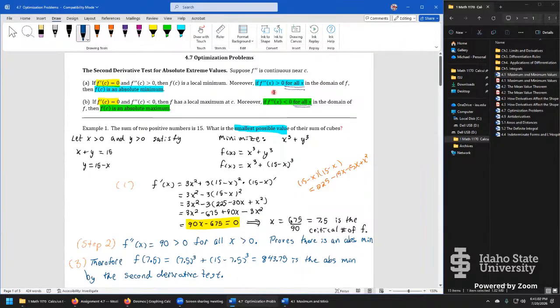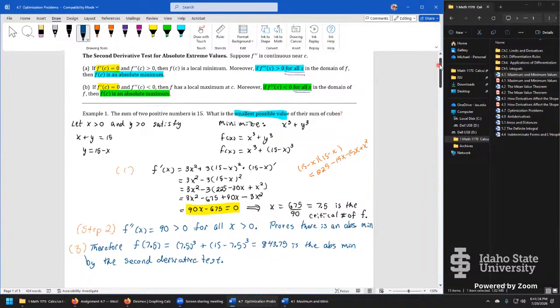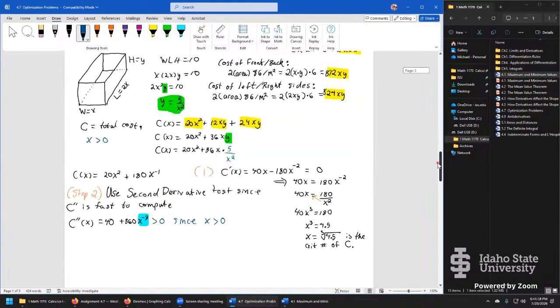If you said the second derivative is positive, as we did, that means you have found an absolute minimum. The conclusions run contrary in that sense. A negative second derivative means an absolute maximum instead. So back down to our problem. We have a positive second derivative, so that means we're ready for step 3. We're just going to give our conclusion.